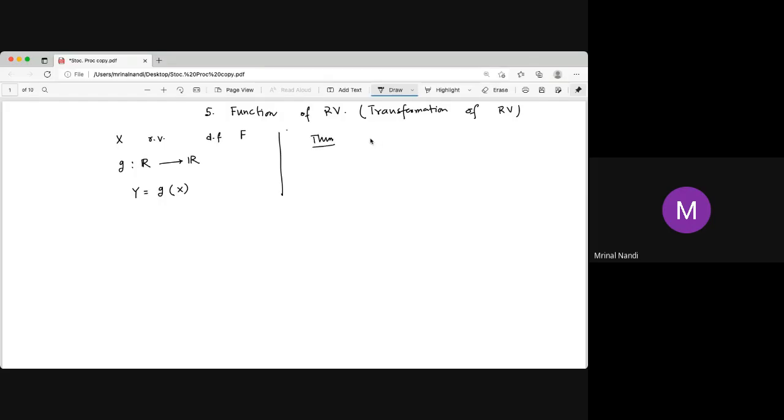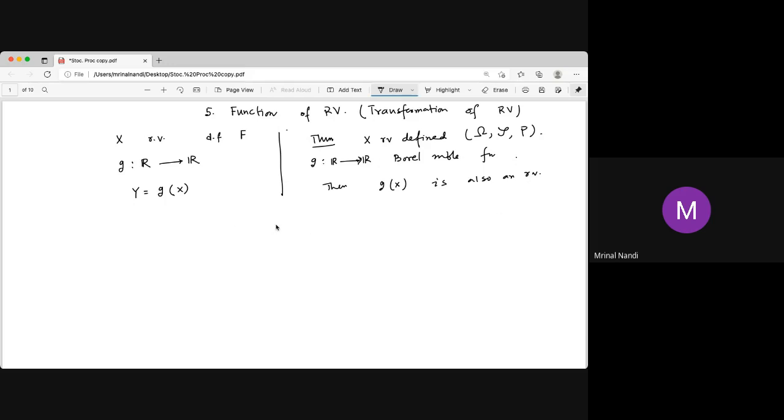The theorem is this: let X be a random variable defined on this probability space (Omega, S, P), and g is a Borel measurable function from R to R. Then g(X) is also a random variable.